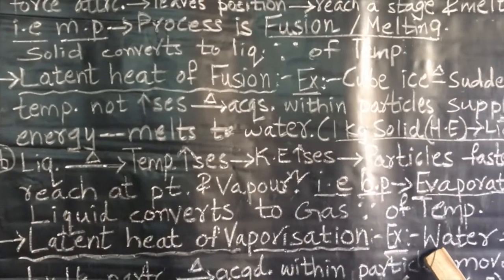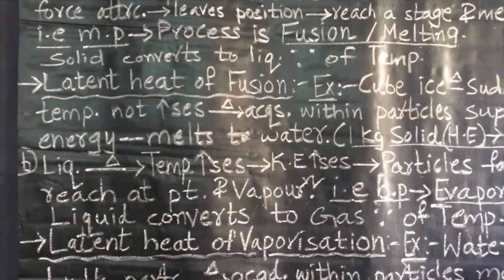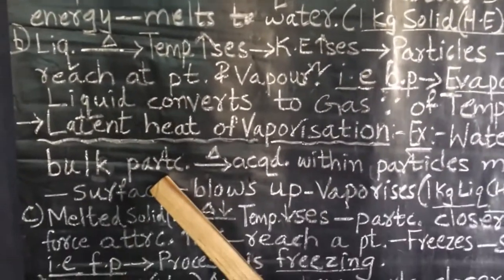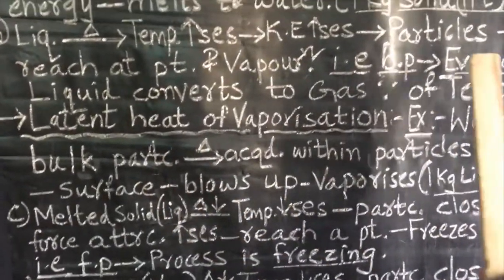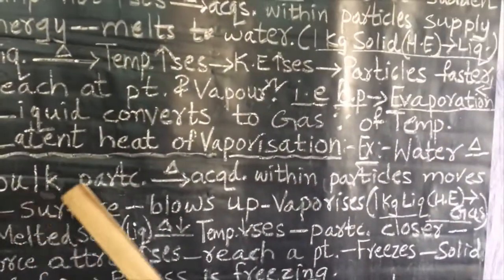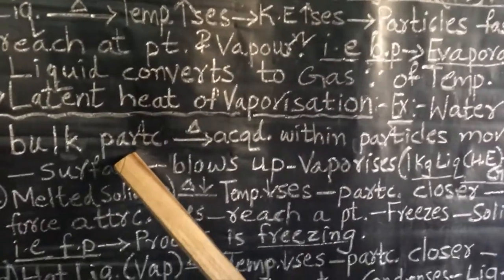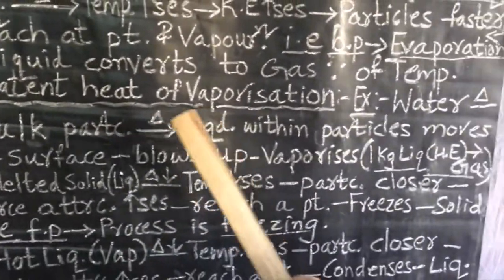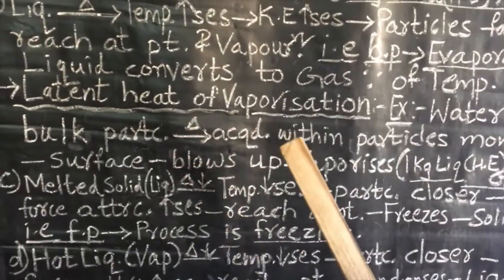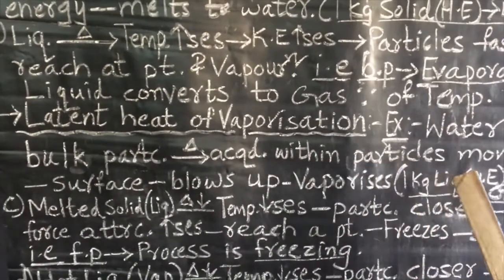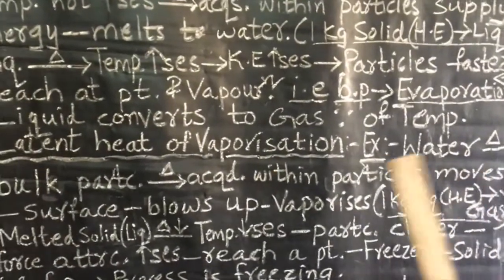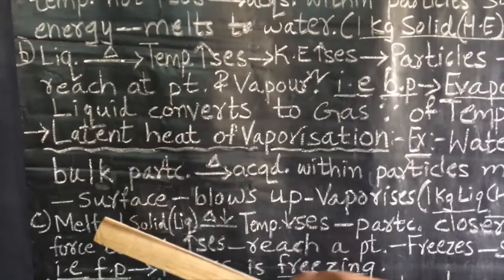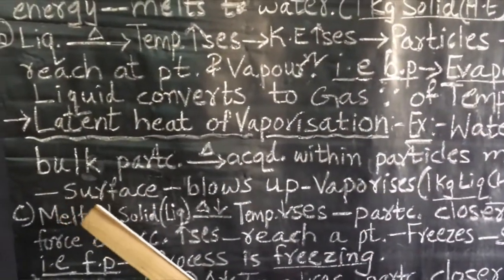If water is taken and heated, water consists of bulk particles. It is considered as a bulk phenomenon. Evaporation is a bulk phenomenon. So bulk particles present in the water, that means the particles in large number, will start acquiring heat within the particles, and particles of the water will start moving faster and faster, and they will start moving towards the surface of that container.